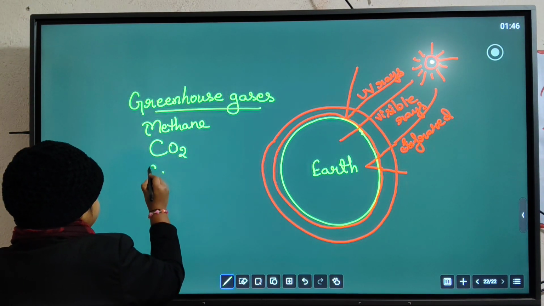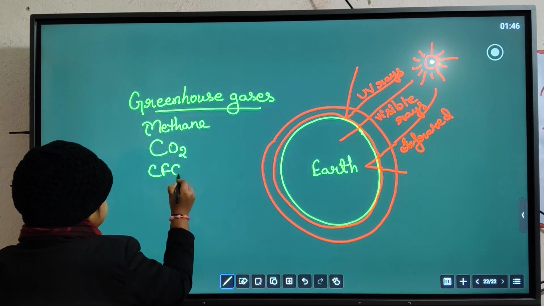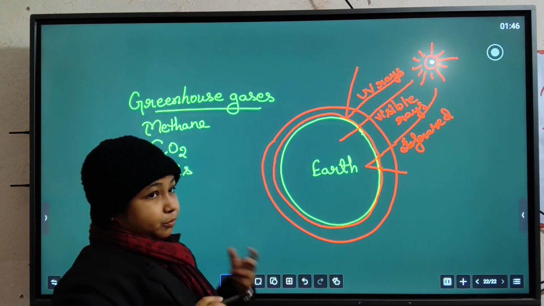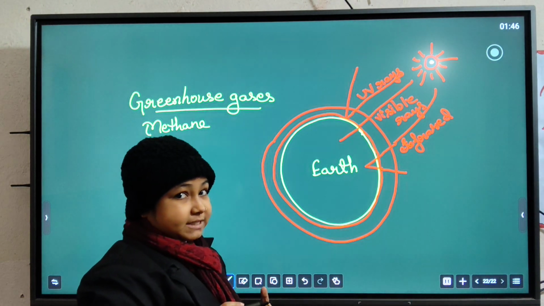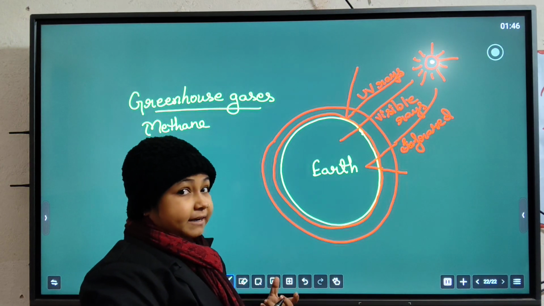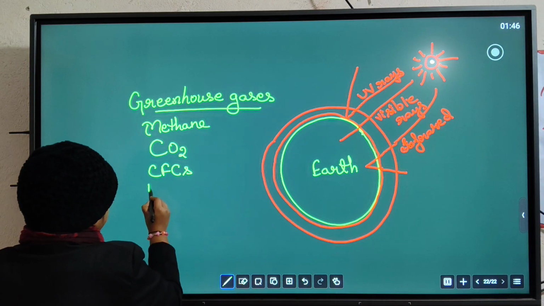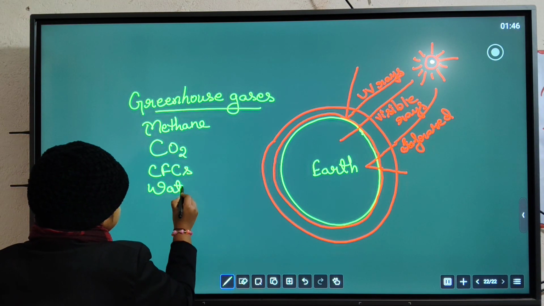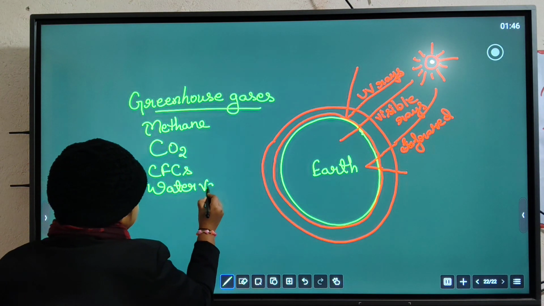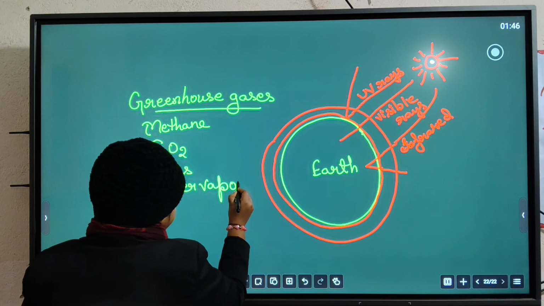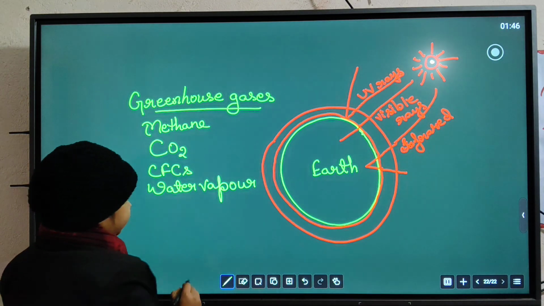Then the CFCs, which are produced when we use refrigerators and ACs. Next, water vapor, which is also present in our atmosphere and in our environment.